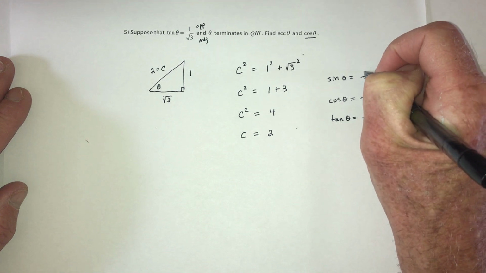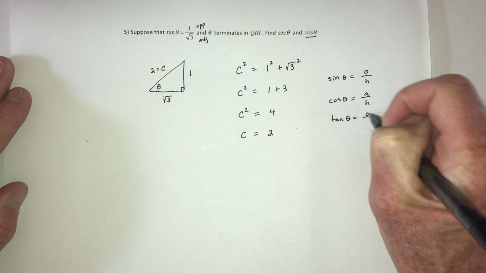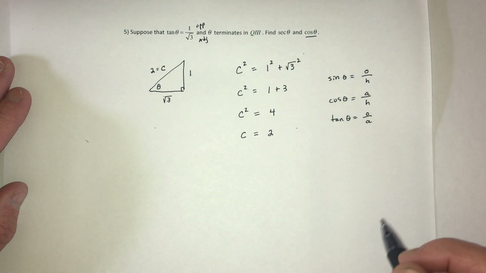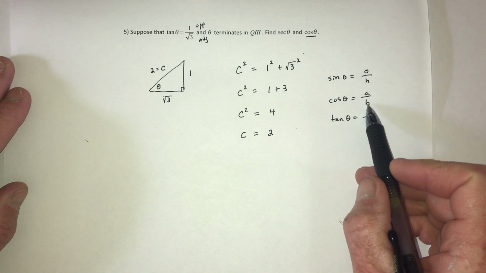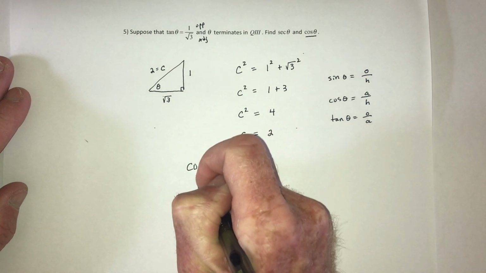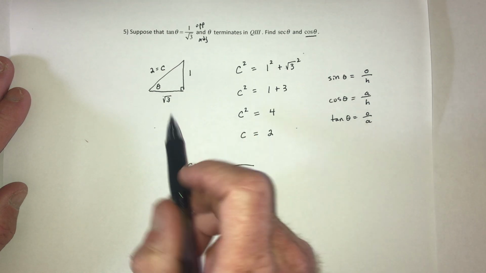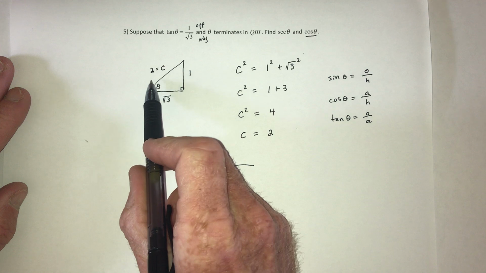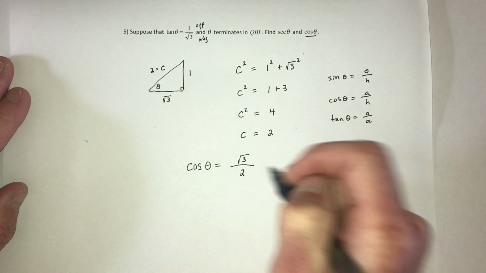And that is Oscar had a heap of apples. So cosine is adjacent over hypotenuse. Cosine is equal to adjacent over hypotenuse. So it's square root of 3 over 2.